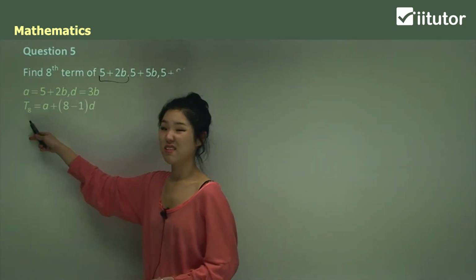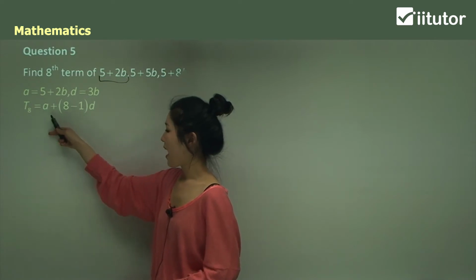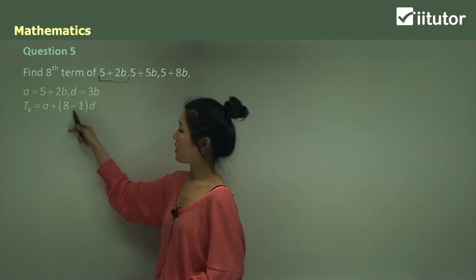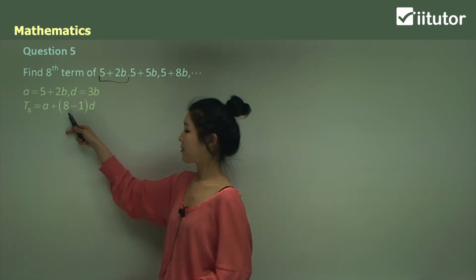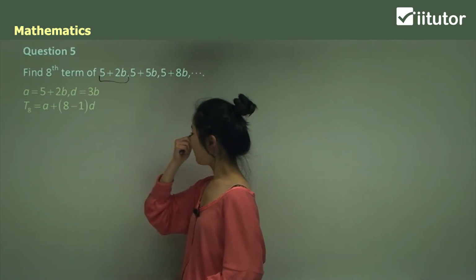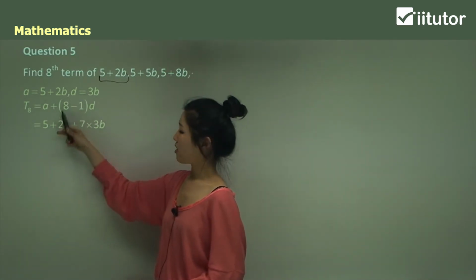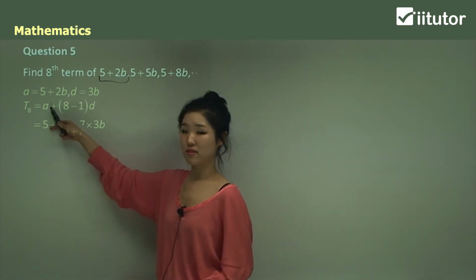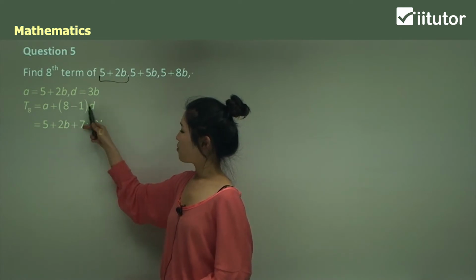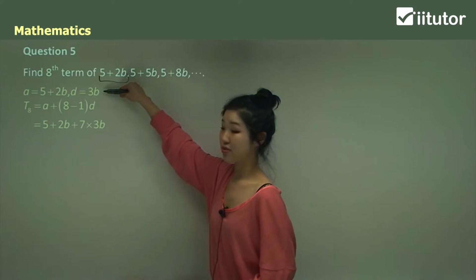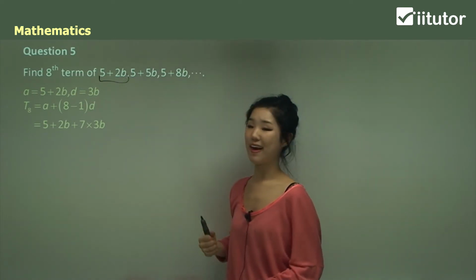T8, or basically Tn, well T8 is A plus N minus 1 D. N is 8, so I'm just going to put 8 into the formula for N. A is 5 plus 2b, so I put 5 plus 2b in replacement of A. And then 8 minus 1 is 7. And the common difference D, we found that it's 3b, so I'm going to put 3b there.